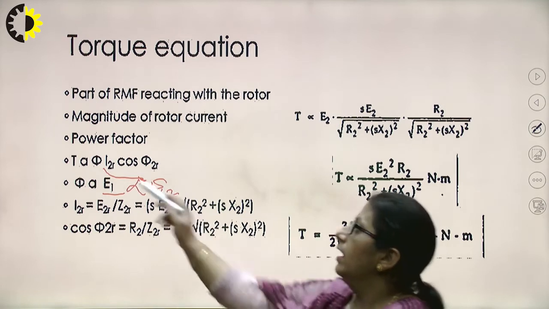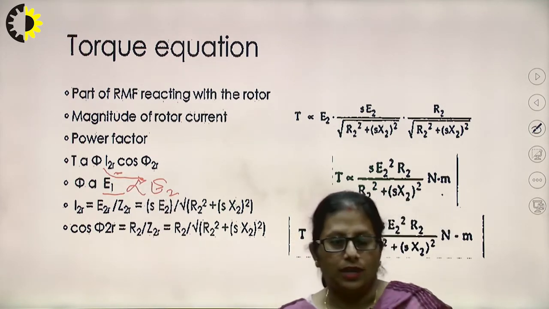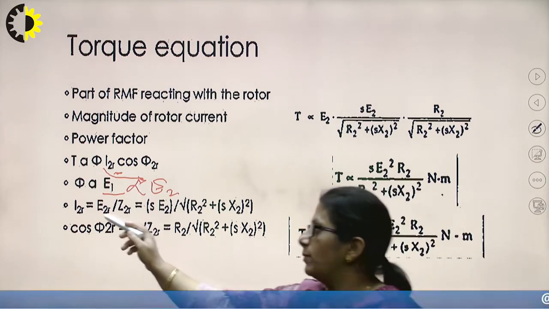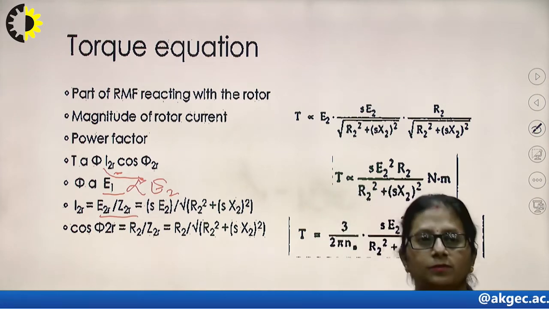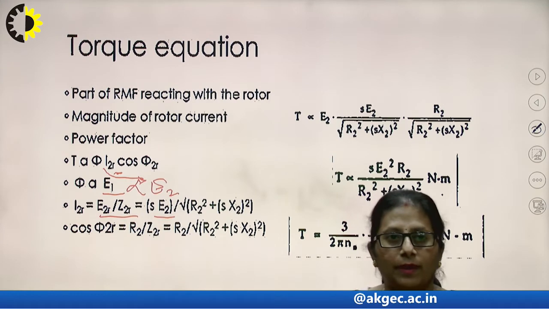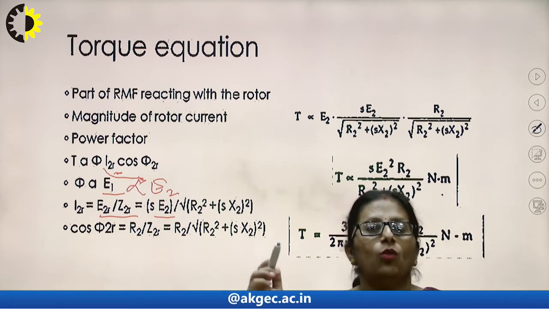Then I2R, that is the rotor current at running condition. We have already given the expression for that. It is given by E2R by Z2R. E2R is given as S times E2 and Z2R is given by the square root of R2 square plus (S X2) whole square.